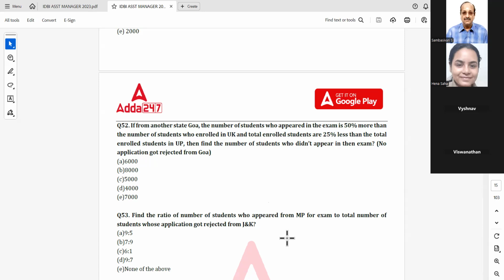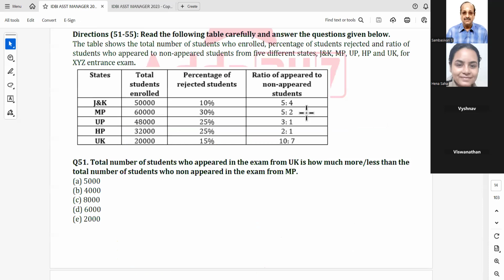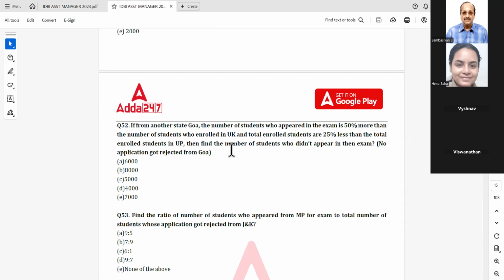In that 25% less means you'll get 36,000, sir. Correct. That 36,000. The difference is 6,000. Yes, sir. Difference is 6,000. Correct. Very good. Vaishnav, could you understand this question? No, sir. It's tough for me. Explain please. I will explain, or otherwise Vishwanathan also will explain.